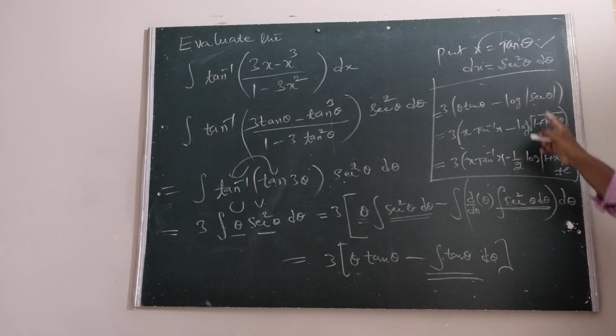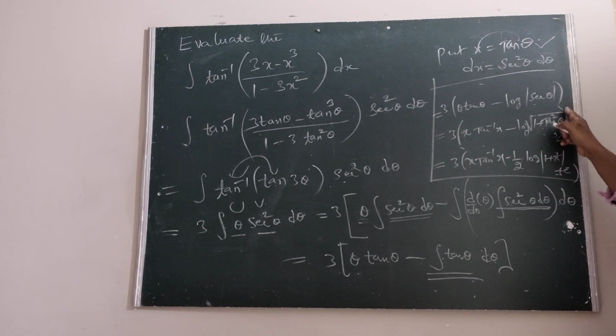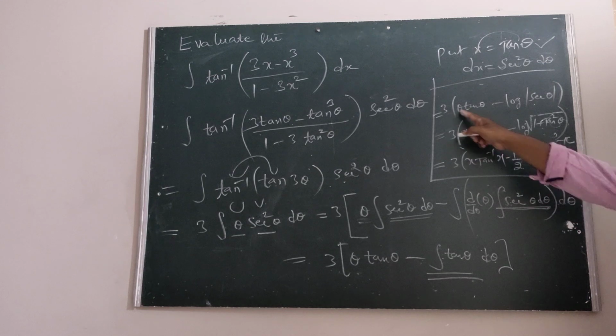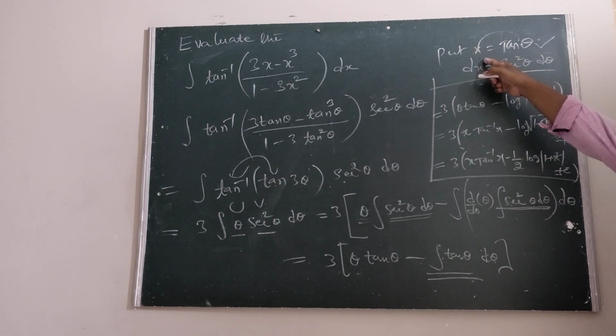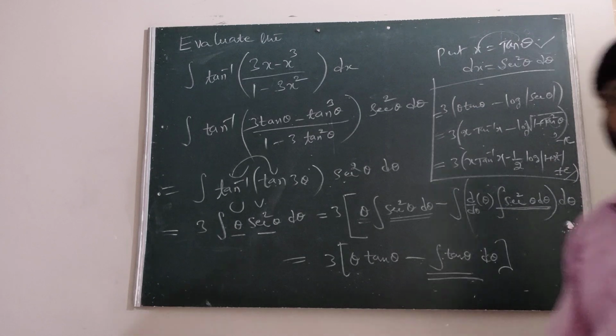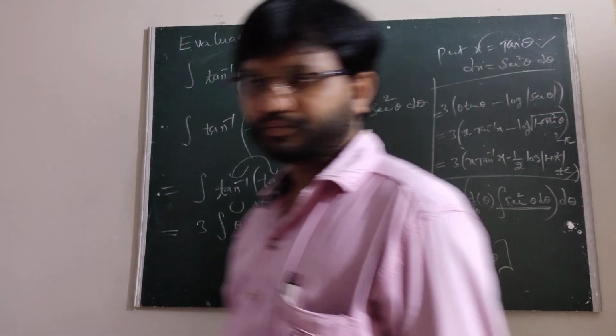Secant theta we can write as the square root of 1 plus tan square theta, since 1 plus tan square is secant square theta. Square and root are cancelled, and we are getting secant theta. Tan theta is x, therefore that is the square root of 1 plus x square, that means 1 by 2. The 1 by 2 goes before the log. Now here theta is tan inverse of x, and tan theta is x. This is our final answer. Is it clear? Okay.